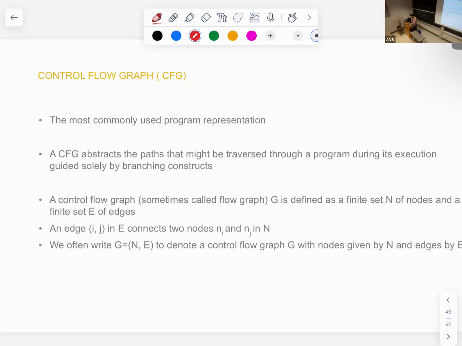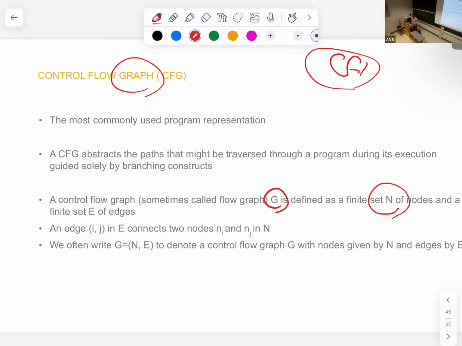So, for example, if we want to do some form of control flow integrity, I need to know whether this path is a legitimate path or is it a new path that I need to detect and protect. The reason that we call it a graph is because we essentially represent this as a graph, in which this graph G, nodes are your basic blocks.